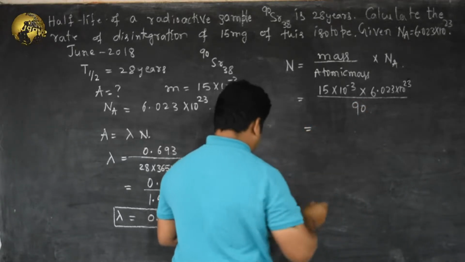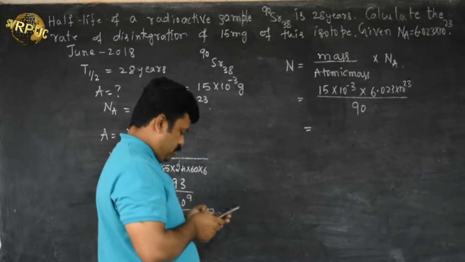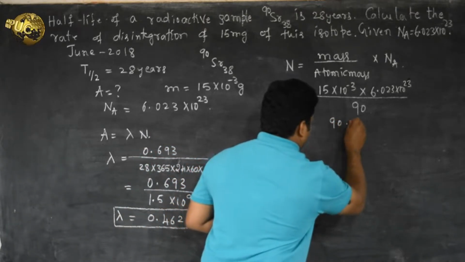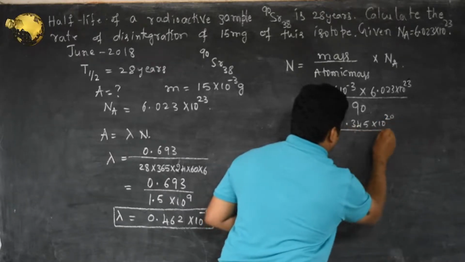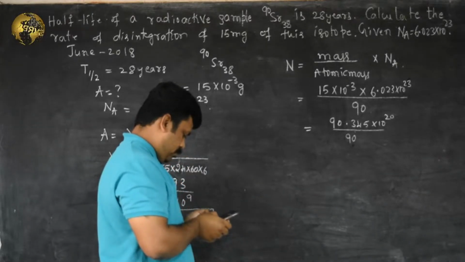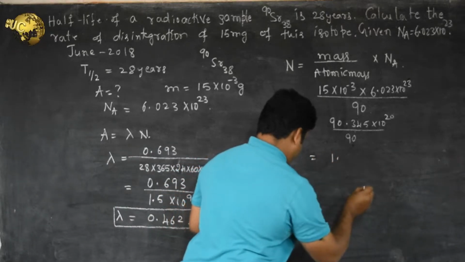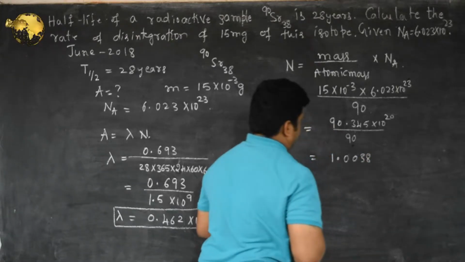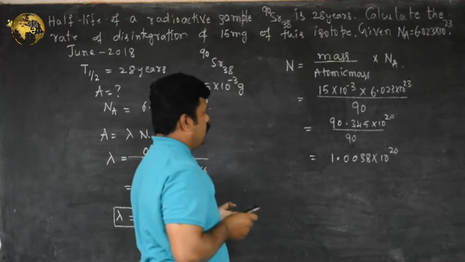So let's solve this. 15 multiplied by 6.023 is 90.345 into 10 to the power 20, whole divided by 90. So it has 1.0038 into 10 to the power 20 atoms in the given mass.